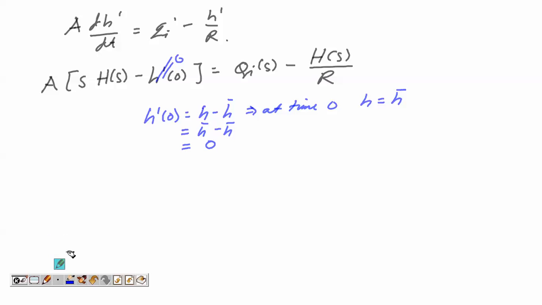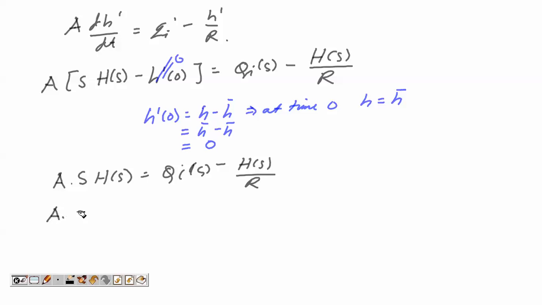Okay, and then we get A times s times H(s) is Q_i(s) minus H(s) over R. If I move the H(s) to the left side, then we have H(s) times (As plus 1 over R) equal to Q_i(s).